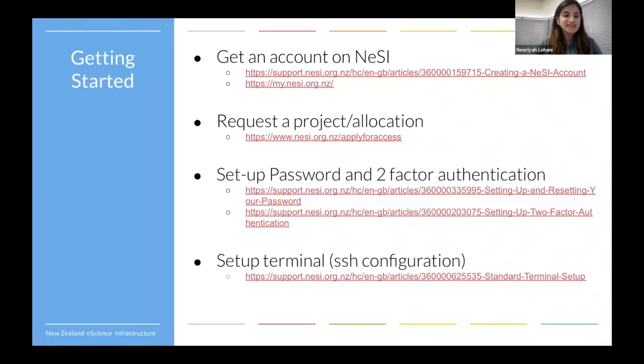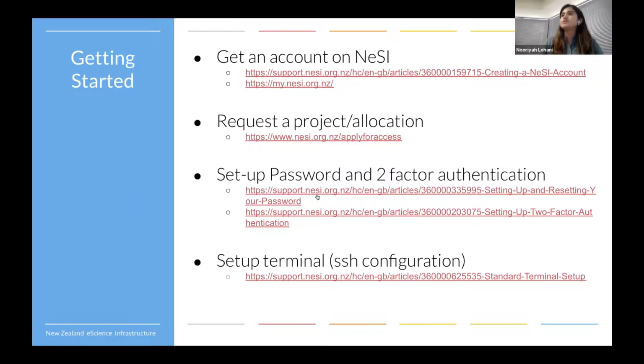To get started on Nessie, there are a couple of steps required. You'd need to get an account on Nessie. As you can see, there are links here, and I can see Megan typing those into the chat as we speak. You can then request a project or an allocation to actually start your project.